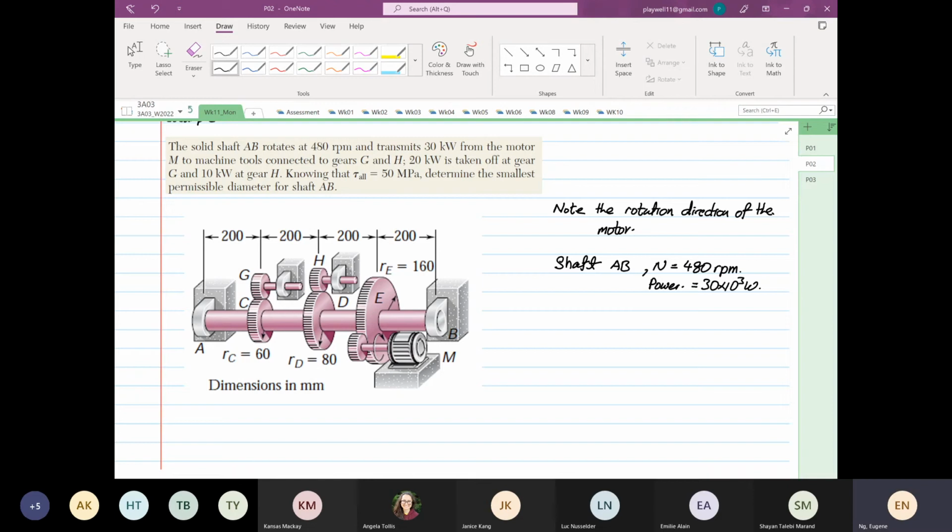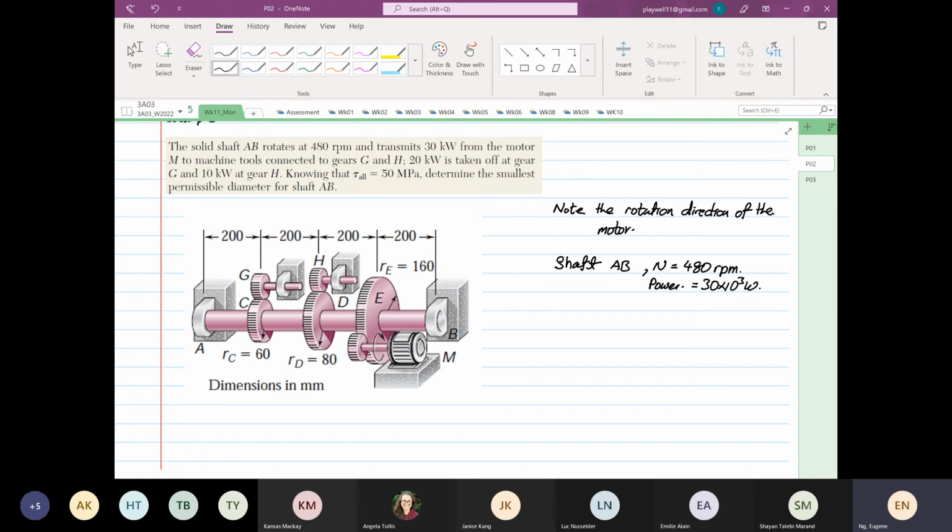Then we are given further information that gears G and H, one will take off 20 kilowatts and the other will take off 10 kilowatts.